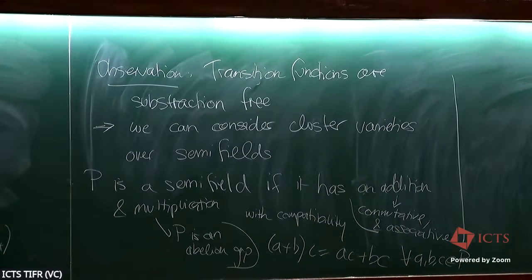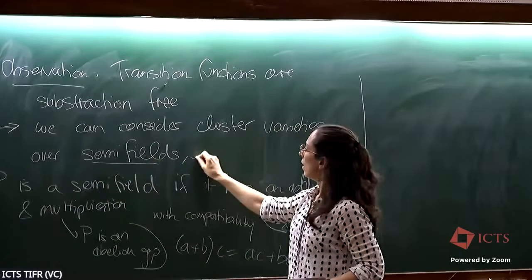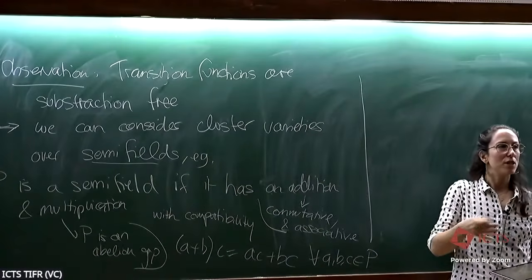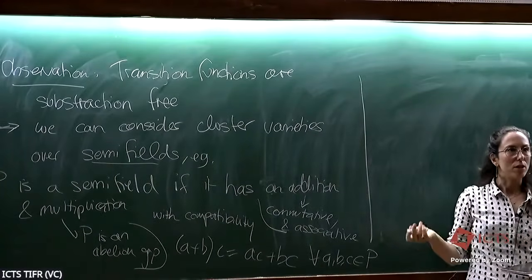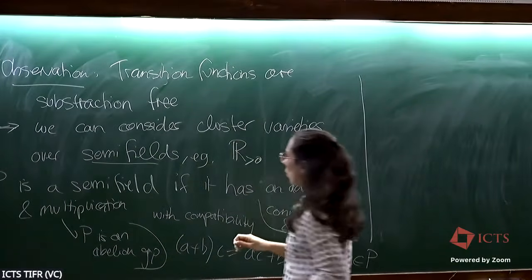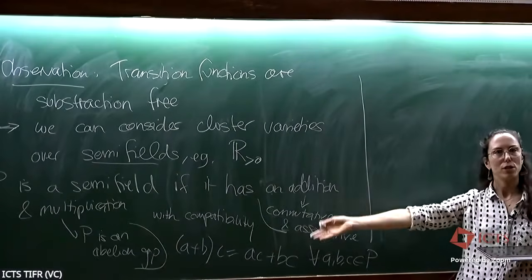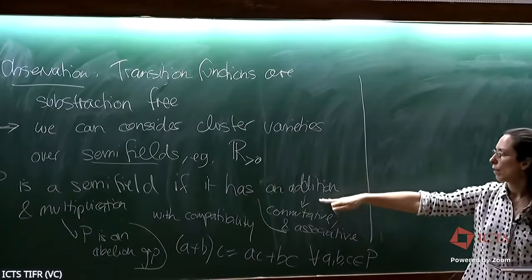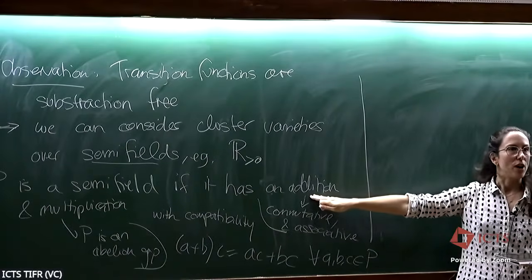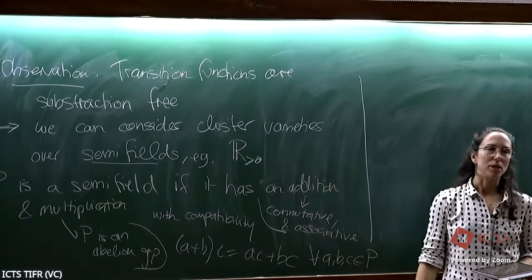Okay, so what are examples of semifields that are interesting? Well, if we think of total positivity, certainly the positive real numbers. Everything that is missing here, if we think about a field versus a semifield, is the inverses of the addition, meaning we cannot subtract. So we don't need to subtract. Certainly the positive real numbers are a candidate.